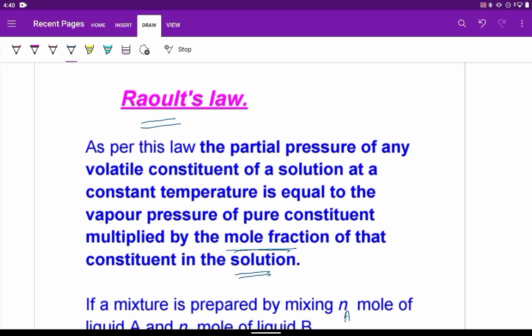Means in the solution we have to first find out the mole fraction of that particular constituent, and that mole fraction will be multiplied by the vapor pressure when the constituent is pure. Then from here we can find out the partial pressure of any volatile constituent in a solution.